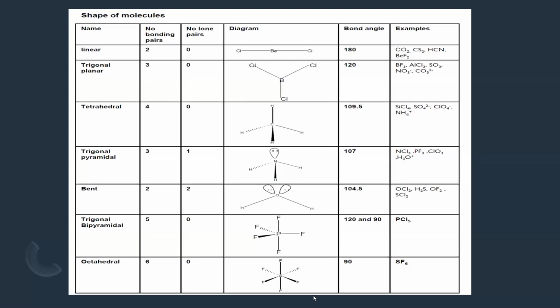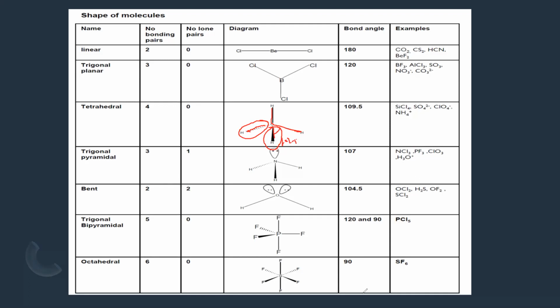And you can see this is a 3D structure, representing one of them in, another one out. 2 of them are in the same plane. One is out of the plane, one is into the plane, like into the paper and out of the paper. This bond angle will be 109.5 degrees.